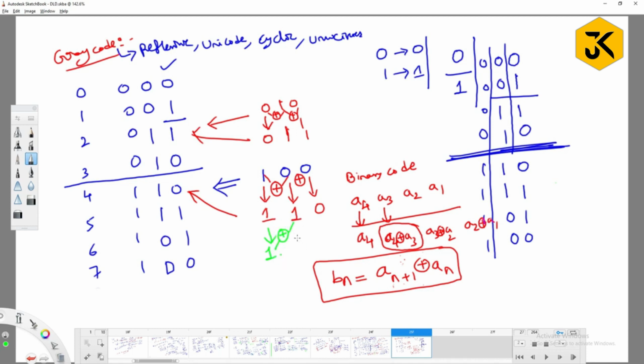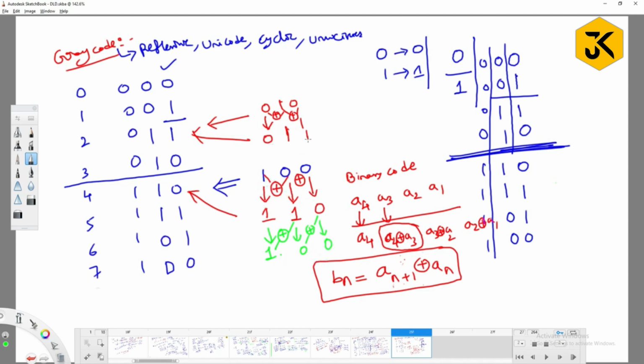What is 1 XOR 1? 0. The result of the previous bit should be XORed with the current bit. 0 XOR 0 is 0. Right? 100. Are you going to get 100 or not? So this is the procedure you have to follow.